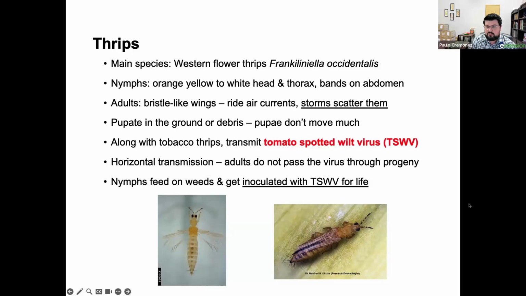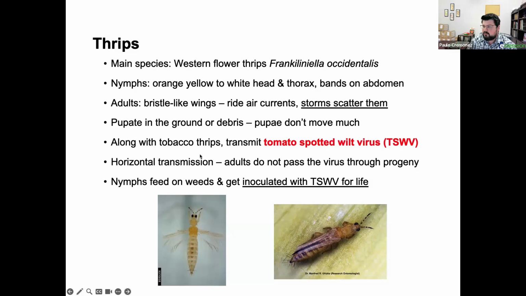The pupae don't move much, but this indicates that wooded areas, close wooded areas, and weeds can provide for a population to be prevalent in the area.